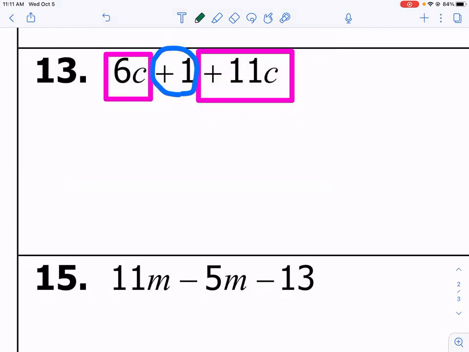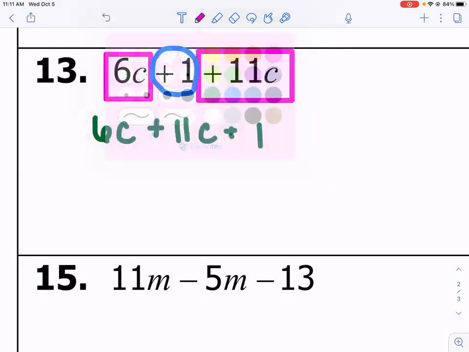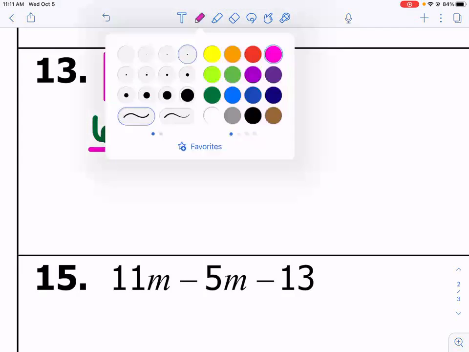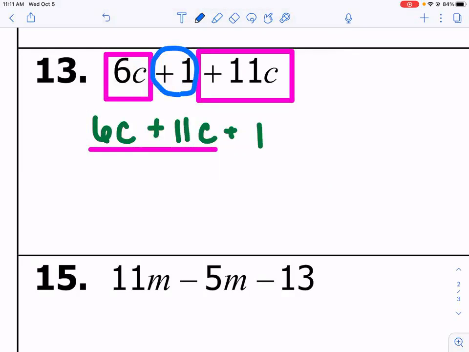Let's cut it apart and rearrange it. I'm going to put 6c plus 11c together. Ryan is saying that 6c plus 11c adds together to be 17c. We have nothing to add to the 1, so just plus 1.